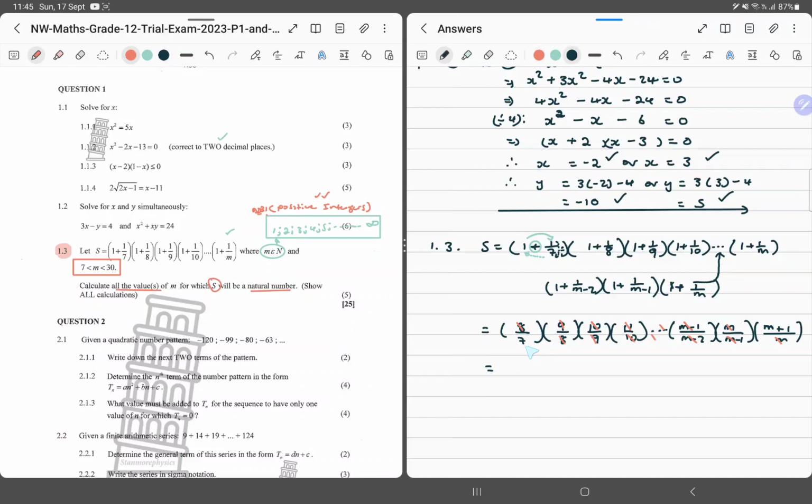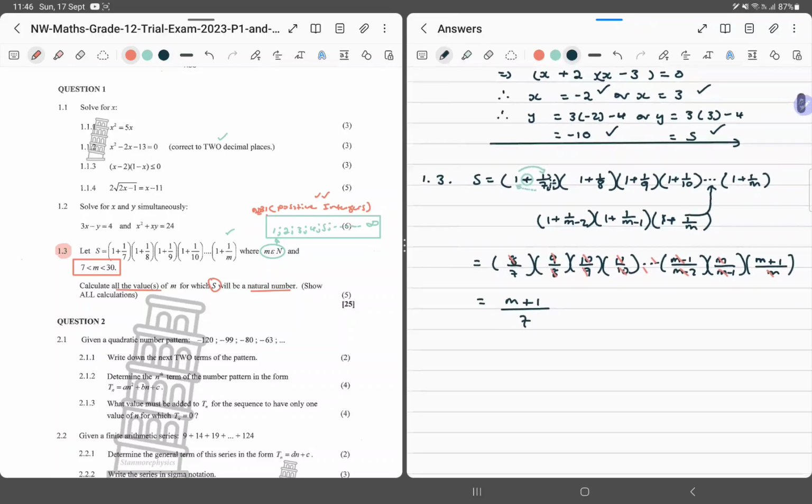We've got the denominator, because it's 7 multiplied by 1. Then this is m plus 1 multiplied by 1 on the numerator. So we end up with m plus 1 over 7. Okay, great. Now we can see that therefore our s is basically m plus 1 over 7.